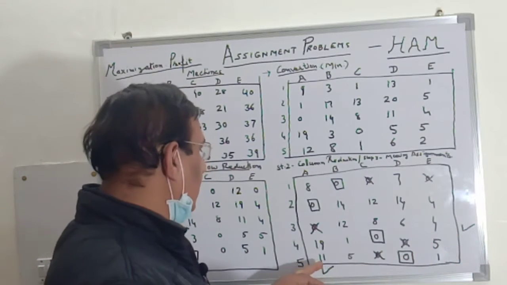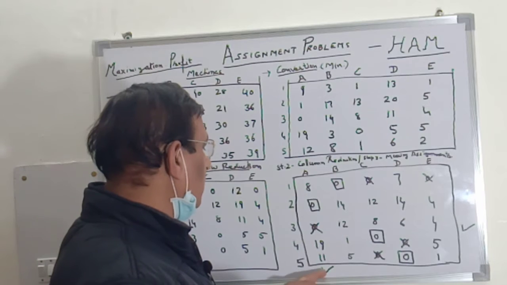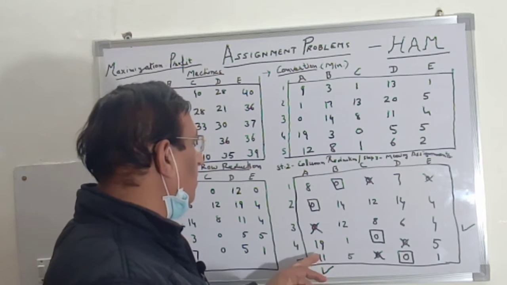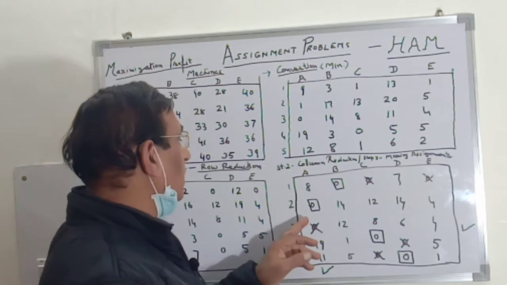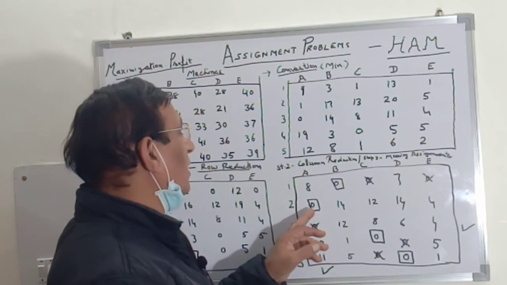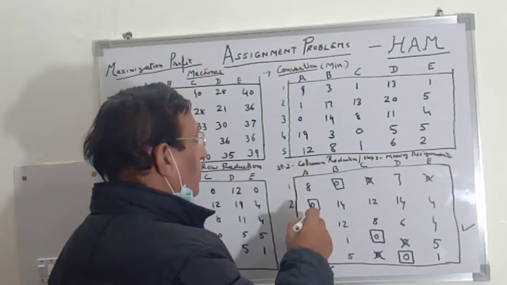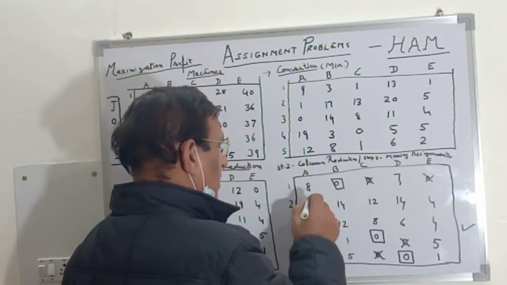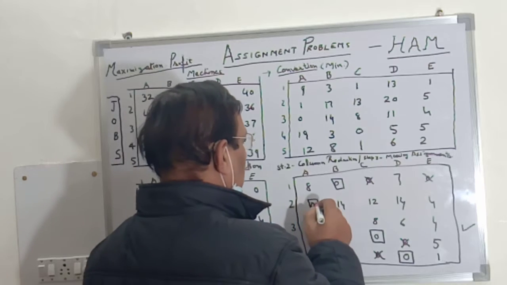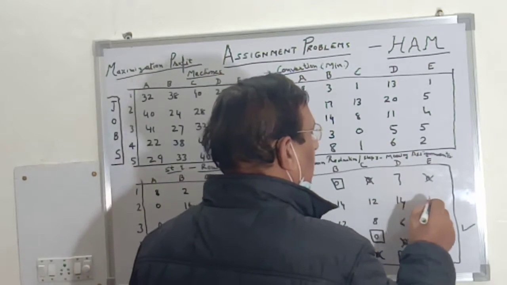Now third, when you have marked the column, find the assignment in the marked column, and mark that row in front of that assignment. So there is an assignment in the marked column, so mark this row.